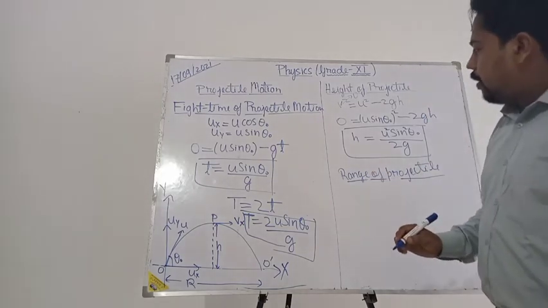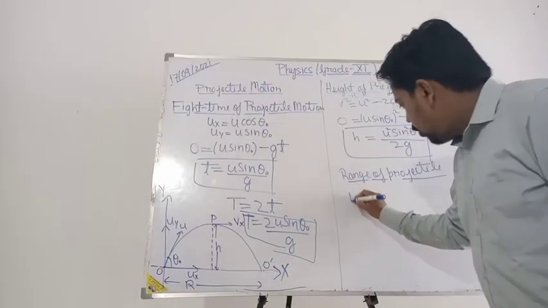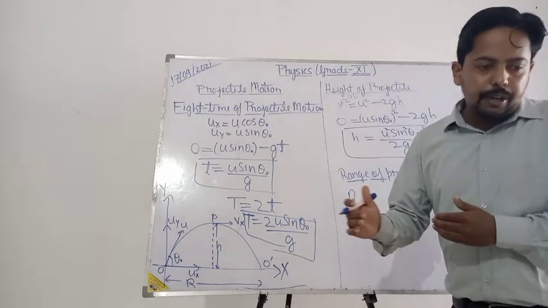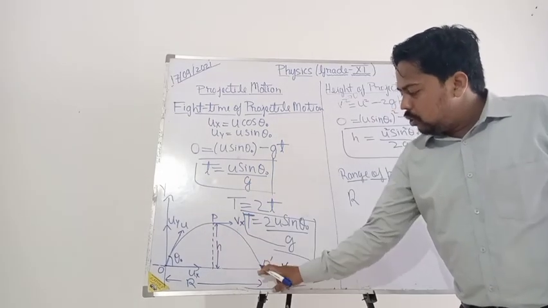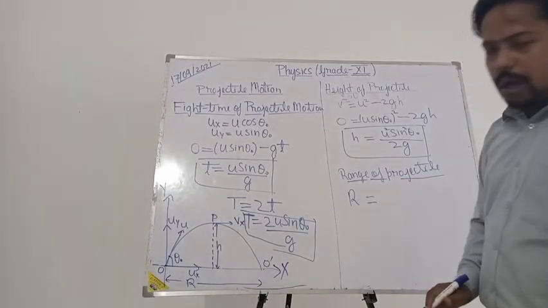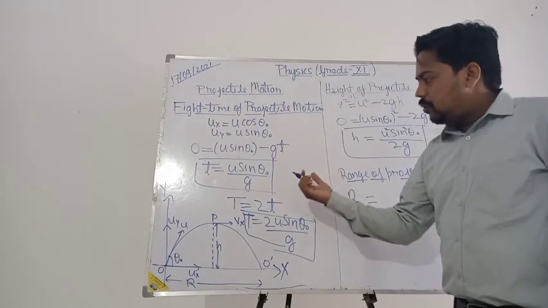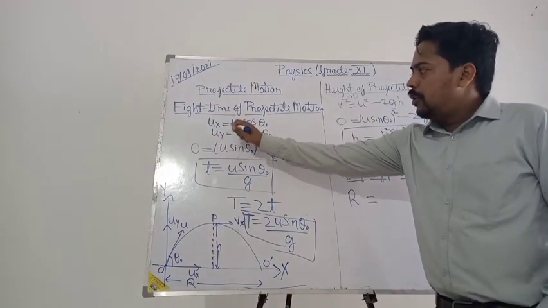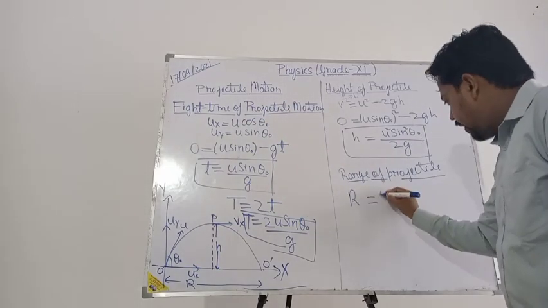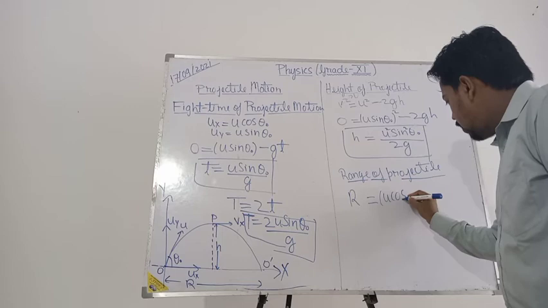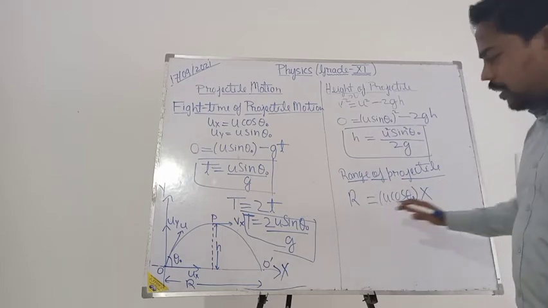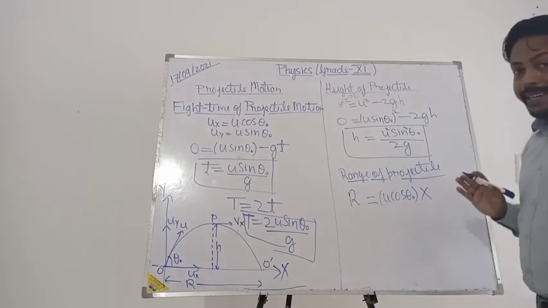The range of the projectile is denoted by capital R, and it is the horizontal displacement of the particle from point O to point O dash. That equals the component of the velocity in the horizontal direction, which is u cos theta naught, into time.